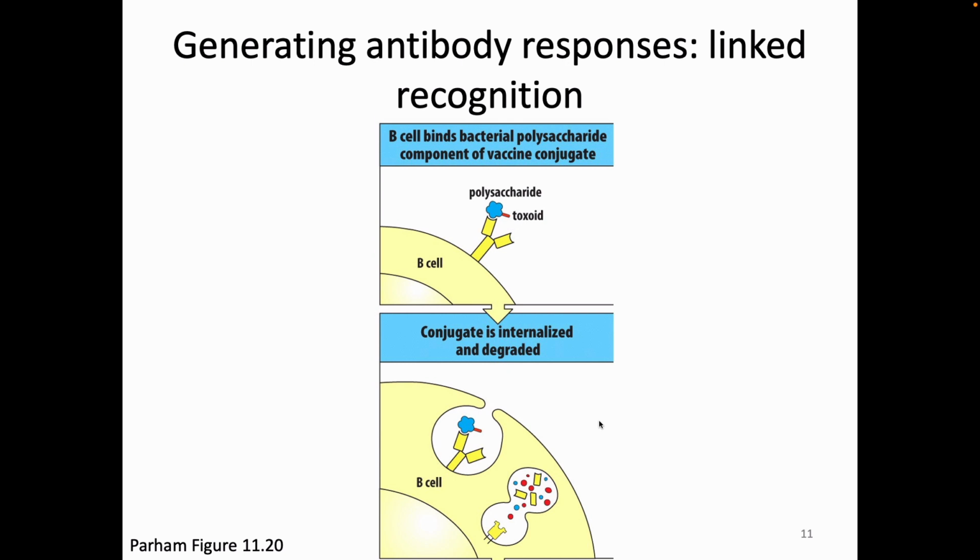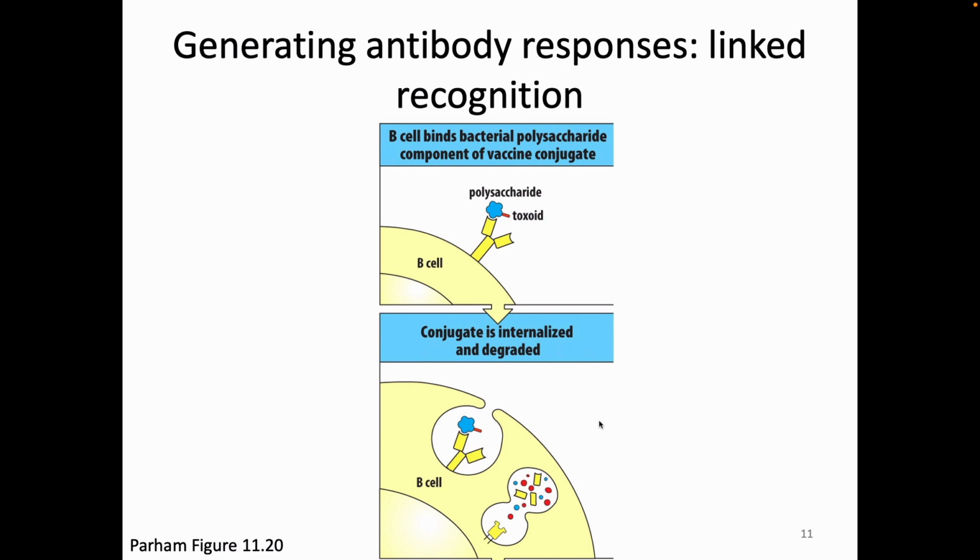And when that B cell recognizes this antigen, the B cell will internalize the antigen and degrade it, just like we saw with other aspects of thinking about the B cell. But now let's imagine this B cell wants to make IgG antibodies.